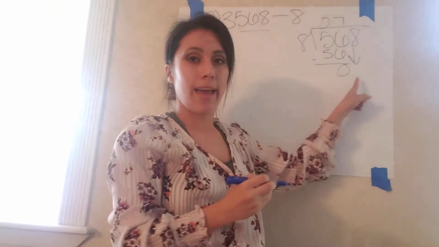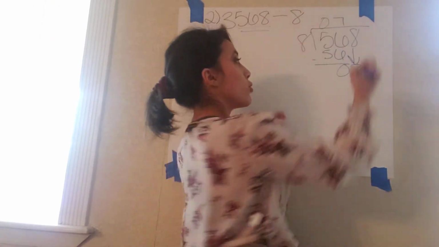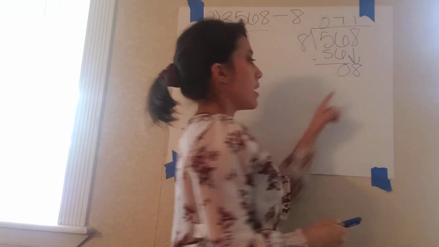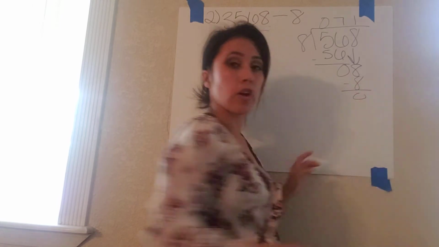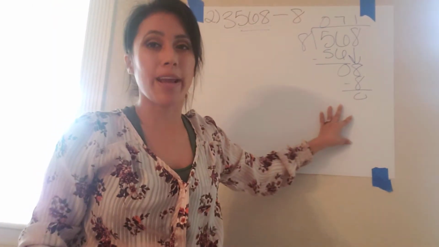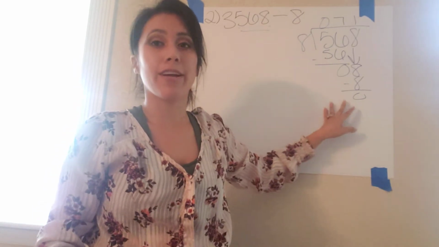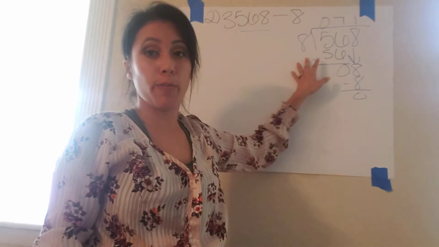We're going to bring down the 8. And now 8 times 1 equals 8. And from what we learned earlier, remember, if it's a 0, that means that there's no remainder. And having no remainder means that 568 is divisible by 8.